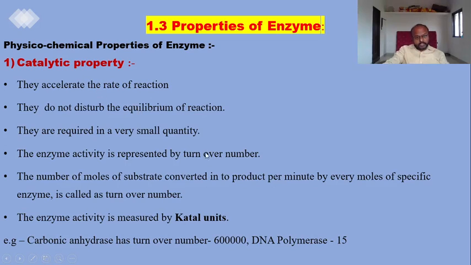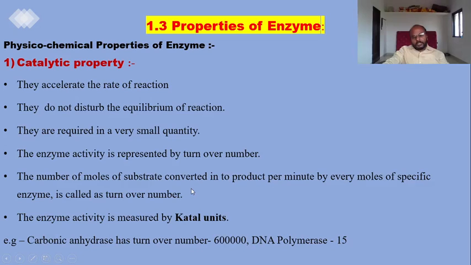That means each and every enzyme has a turnover number, and the turnover number is nothing but the number of moles of substrate converted into product per minute by every mole of the specific enzyme. This turnover number is nothing but the catalytic property.